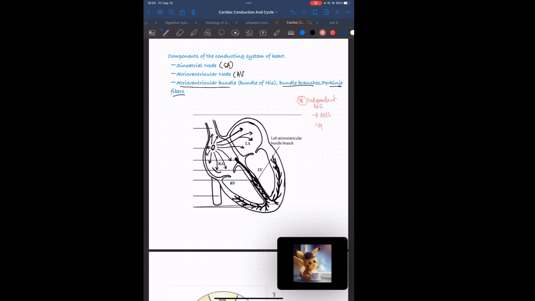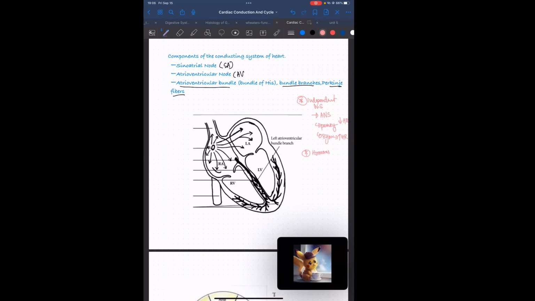It will respond to the parasympathetic nervous system at times, and then the sympathetic nervous system. The parasympathetic will decrease the heart rate, and the sympathetic will increase the heart rate. In addition, it responds to hormones like adrenaline, which might increase the heart rate due to the increase in metabolism.